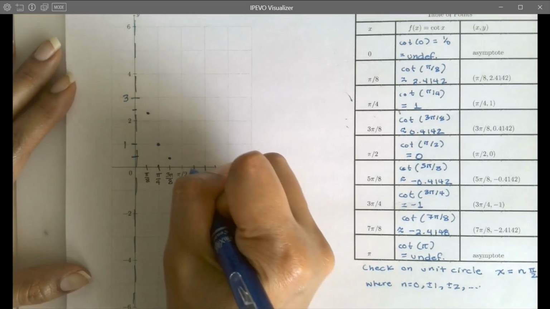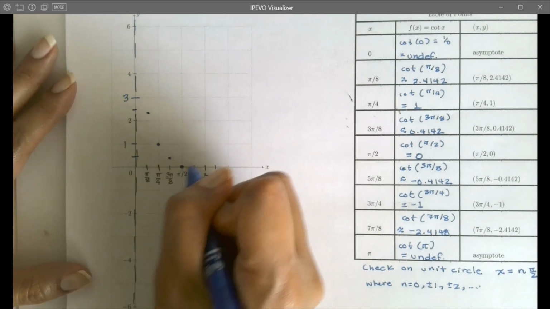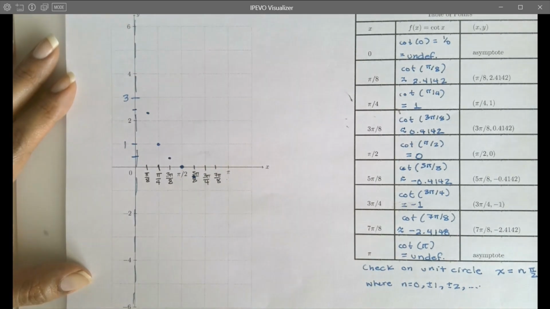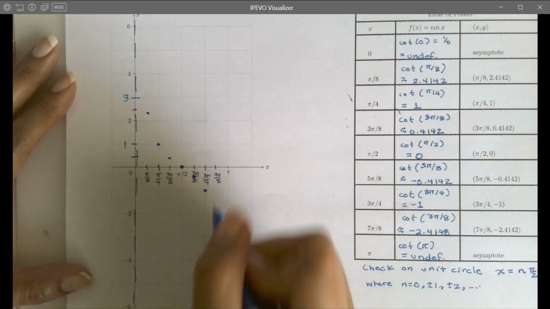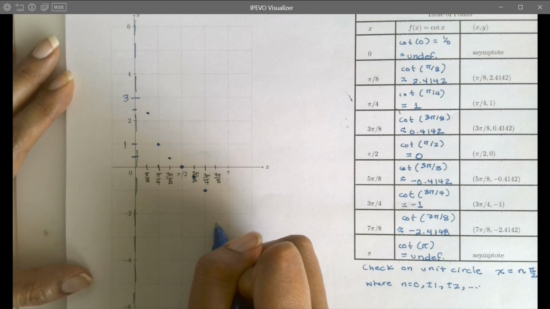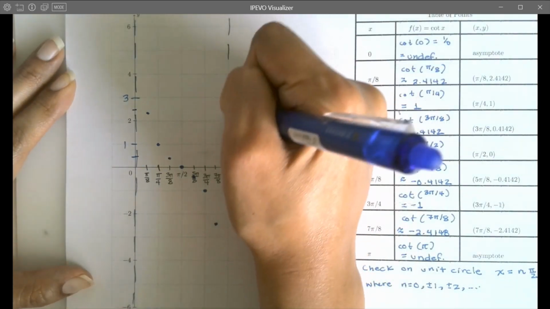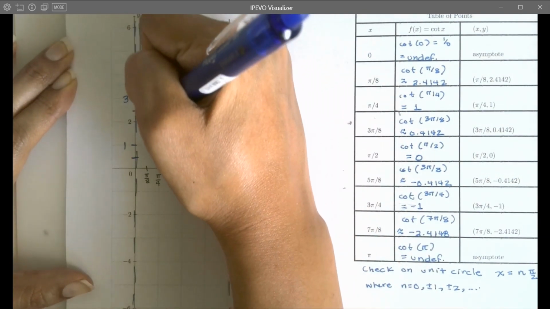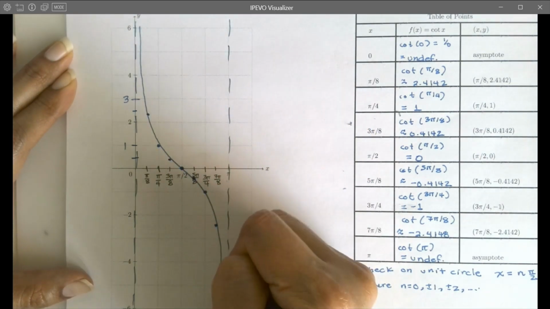Then at pi over 2, we'll have 0. At 5 pi over 8, we'll have negative 0.4, so about there. At 3 pi over 4, we'll have negative 1. At 7 pi over 8, negative 2.4, so about here. And finally, at pi, we'll have another asymptote. So the curve of cotangent looks more or less like this.